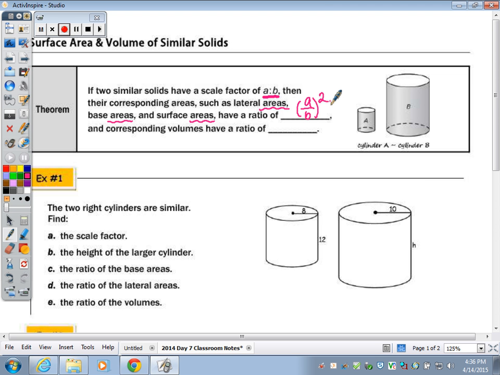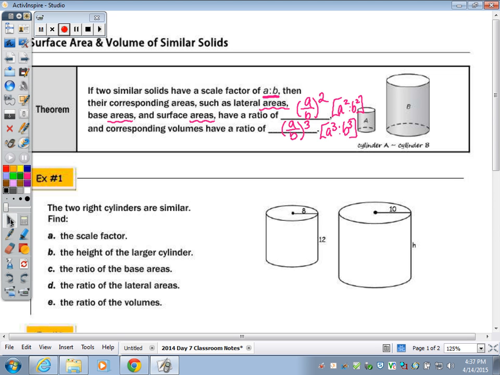And then the corresponding volumes are A over B cubed. Again, another way to write this would be using a colon. You could also do A squared to B squared and A cubed to B cubed.